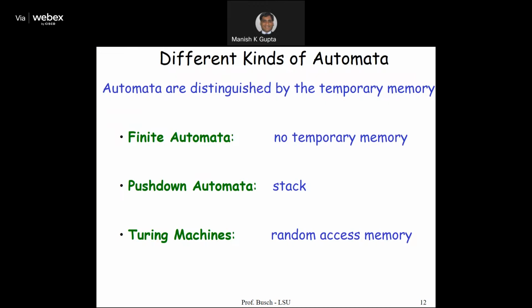And there is an order. Finite automata has the least capabilities. Push down automata is more powerful than finite automata. Linear bounded automata is more powerful than push down automata, and Turing machine is the most powerful among all. Okay, so this is a very, very basic summary.